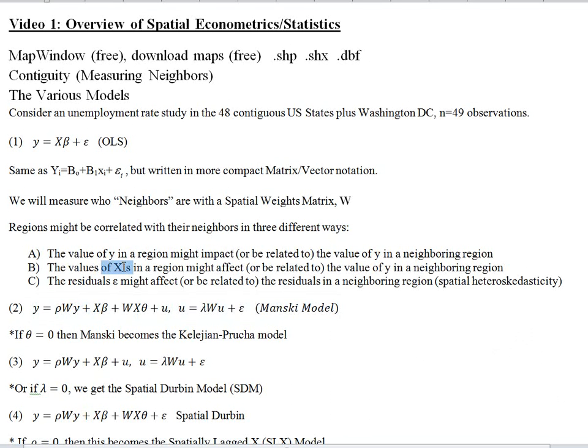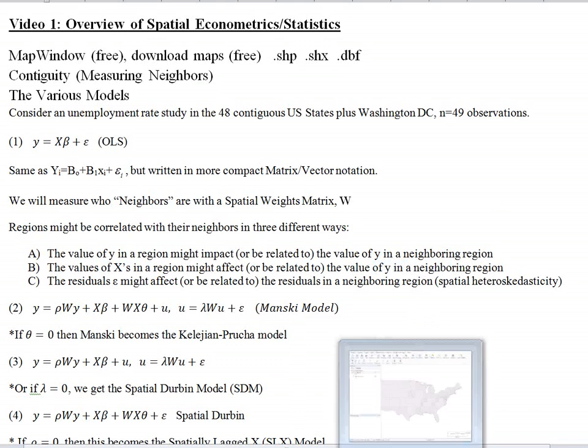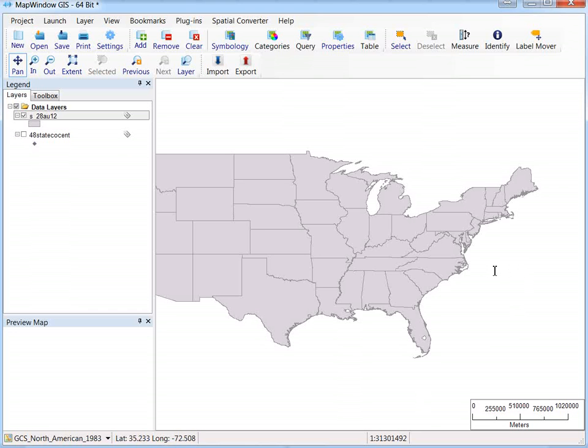So the X's, the education and income in Virginia, South Carolina, and Georgia might affect Y, the unemployment rate in North Carolina. Well, how might that work? Let's look at our map again. Well, it might be that in Virginia, people have high incomes, and those people with high incomes buy a lot of products. Where are those products going to come from? Well, some of those products that people in Virginia buy might be coming from North Carolina.